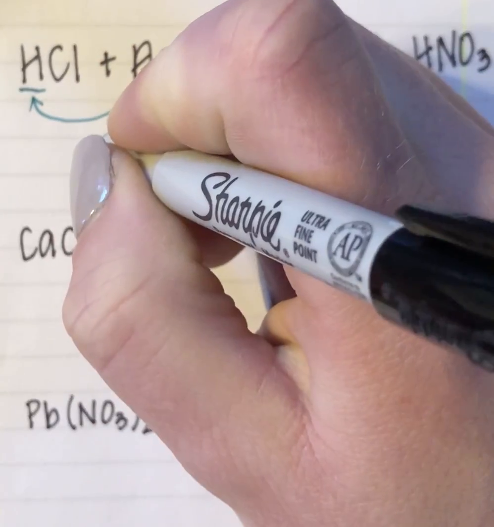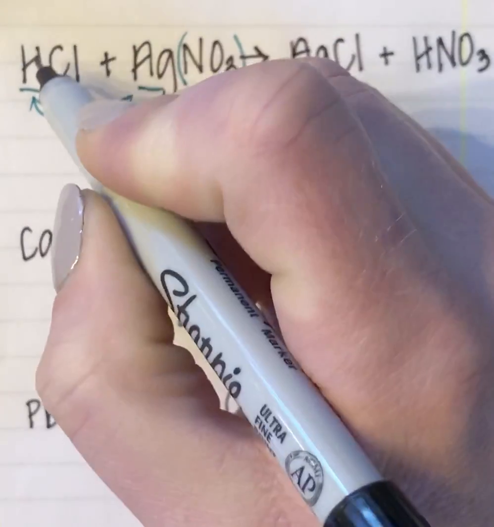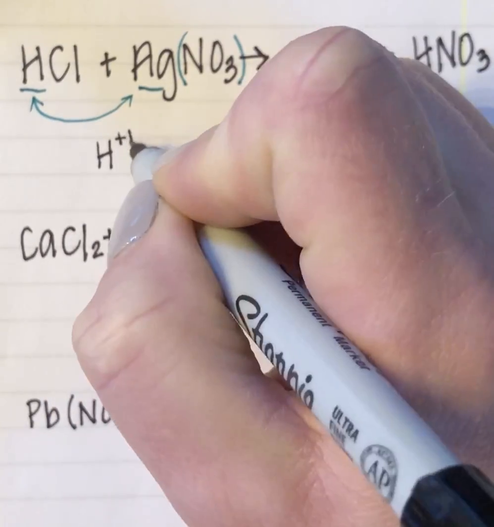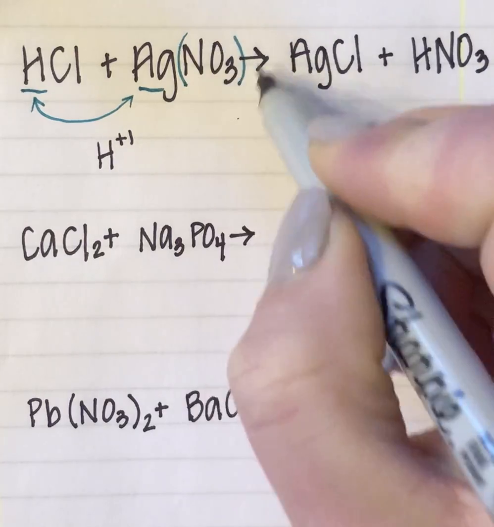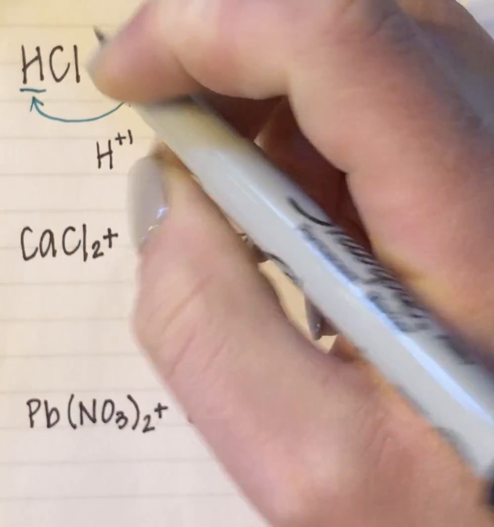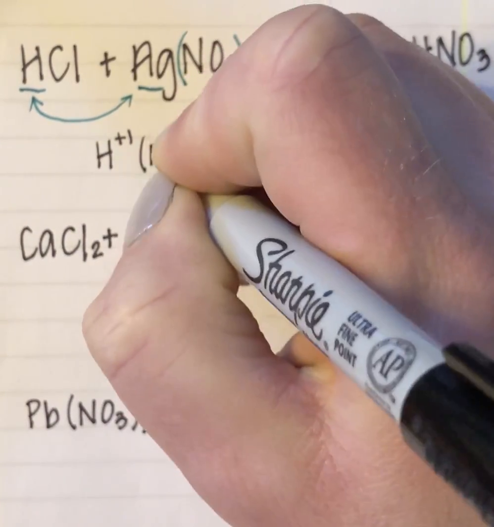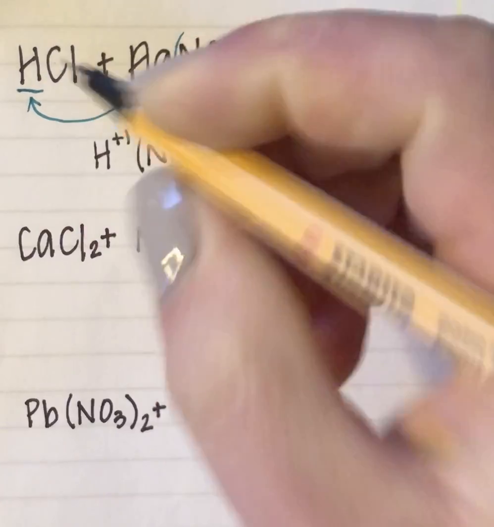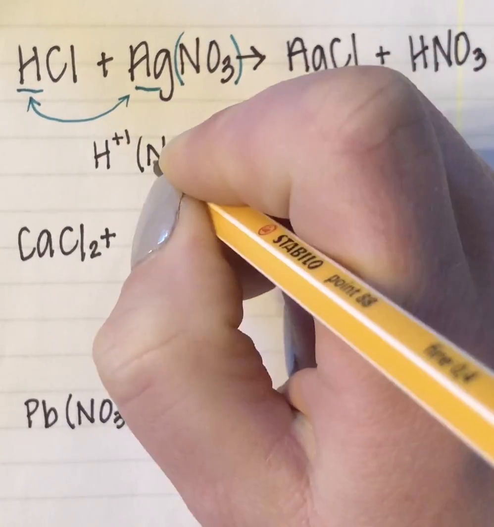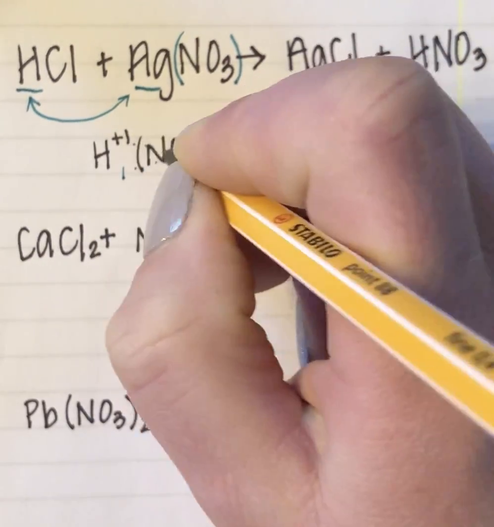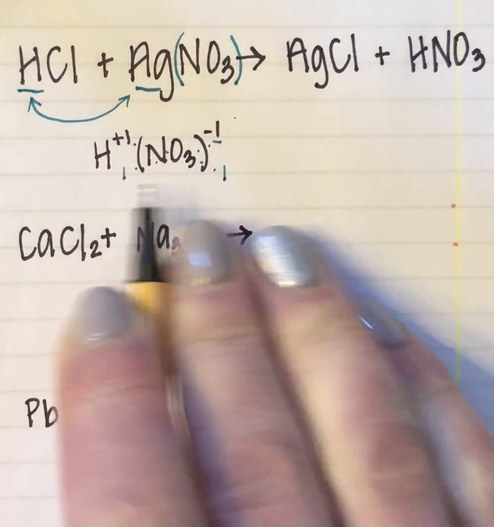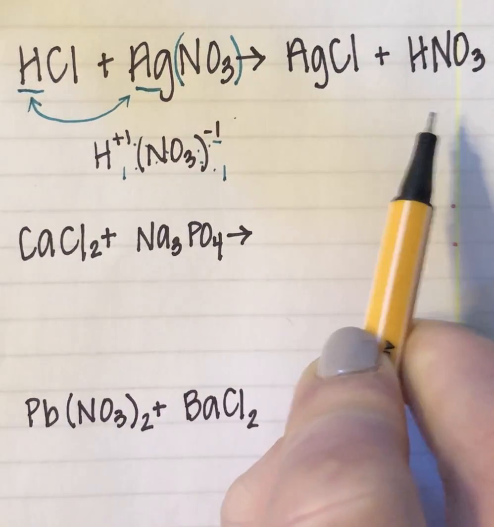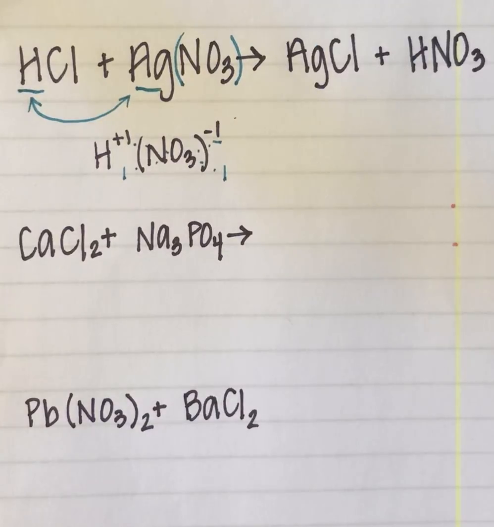If we look back at our originals, we see that hydrogen here had a +1 charge. Nitrate, I'm just going to tell you, has a -1 charge. So if we crisscross, this one would come down here and this one would come down here, and they combine in a 1-to-1 ratio, so the way it is written is correct.